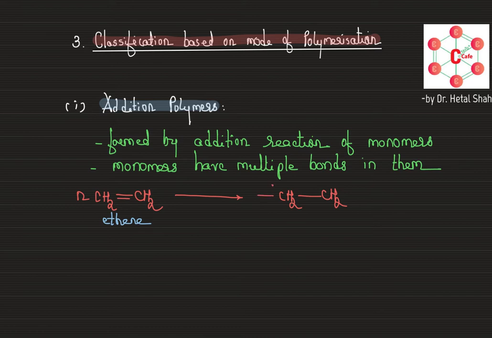So here the pi bond would break between two CH2s, and you can see that there are two new sigma bonds formed, right? So for every one pi bond that breaks, there would be two new sigma bonds formed. And this is a polyethene, and as you all know, this is a homopolymer.